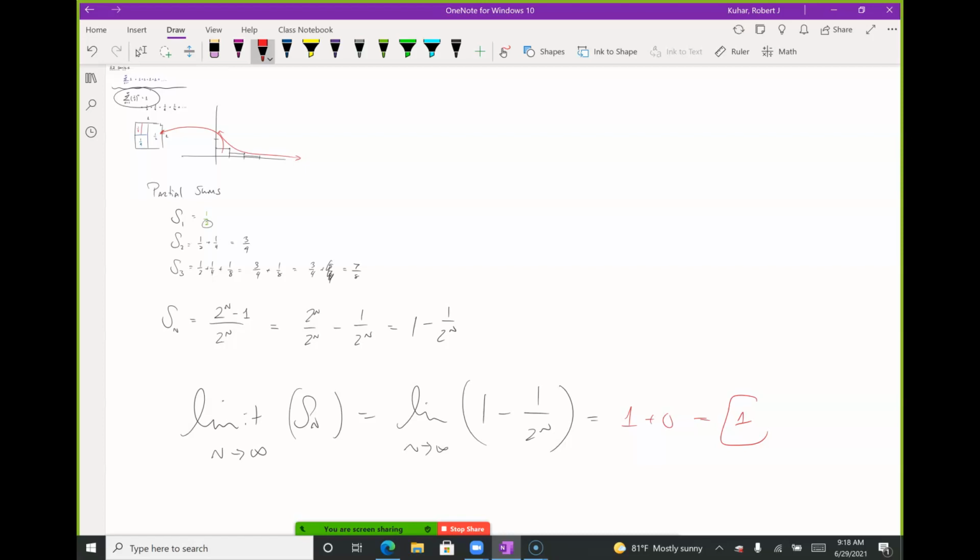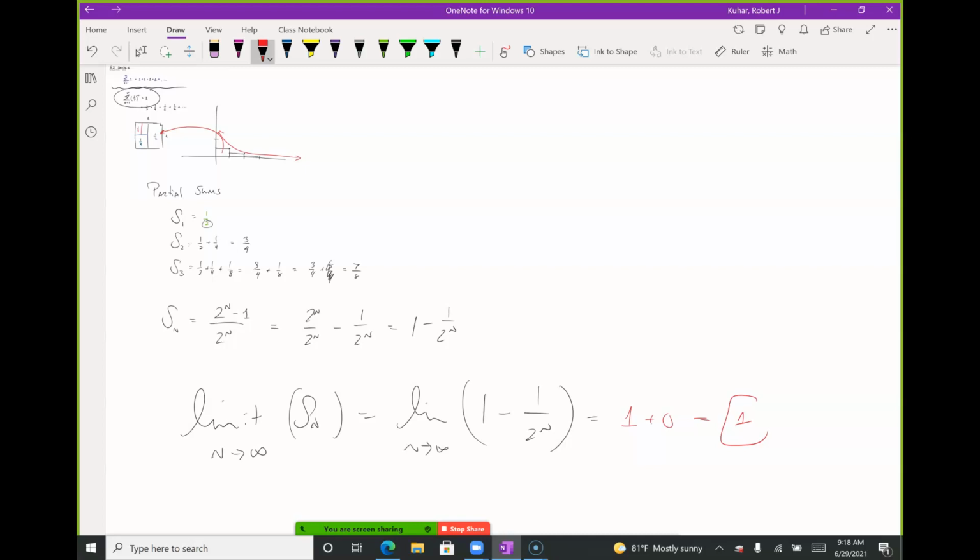So this is a first way of trying to find whether a series converges or not, and to find the sum. I take my series, I create a sequence of partial sums. I come up with the nth term of the sequence of partial sums. If that limit exists, then that limit is the sum of the series.